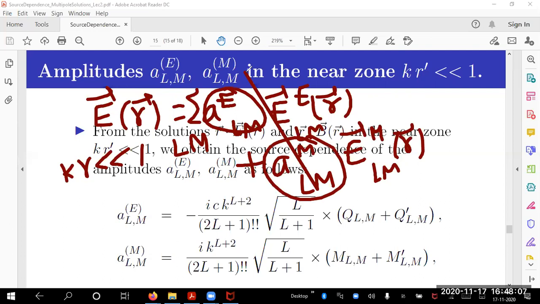Then do AELM and AMLM depend on R? I told you earlier in my solutions, no. These are only coefficients. They do not depend on R.